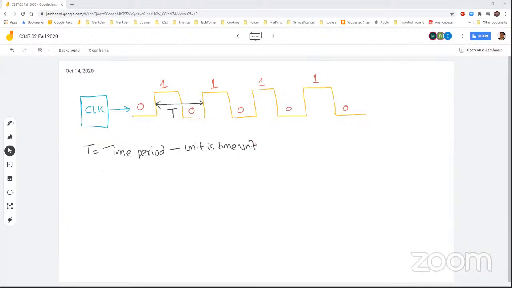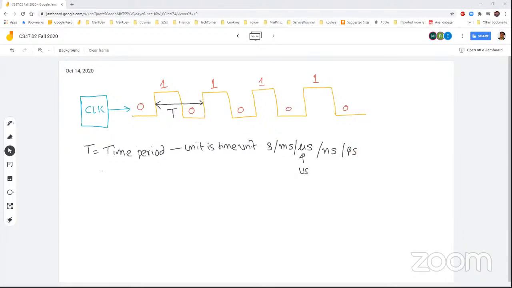In computing systems, we deal with seconds, millisecond, microsecond. By the way, sometimes microsecond can be written as just US, but it's really micro in that context. Nanosecond, picosecond, that kind of units we measure.